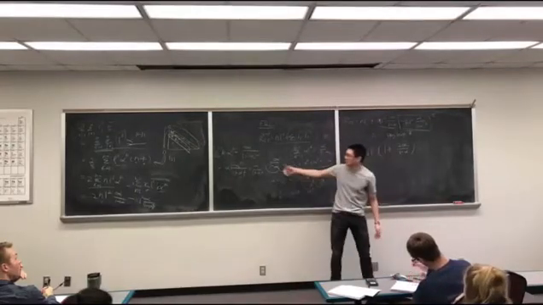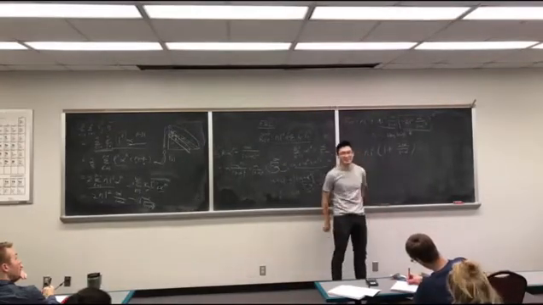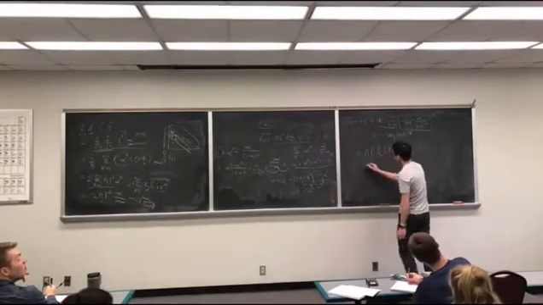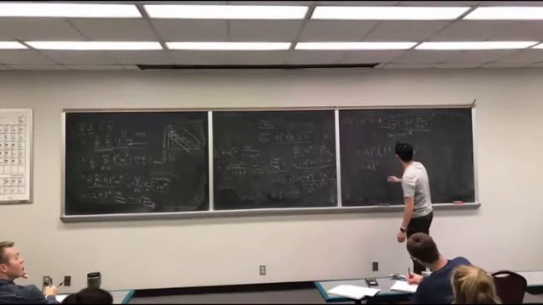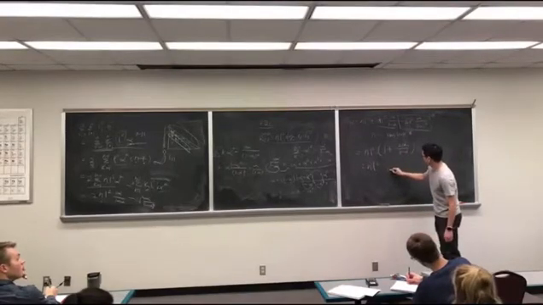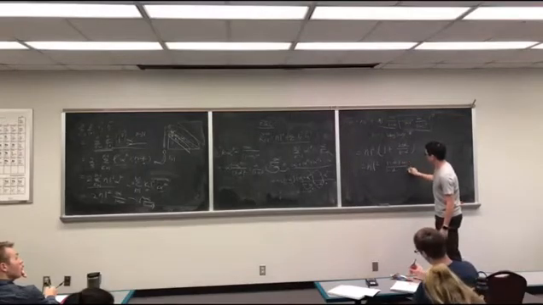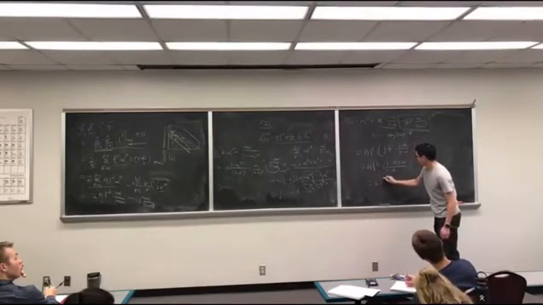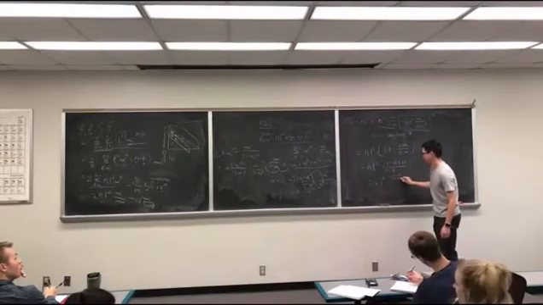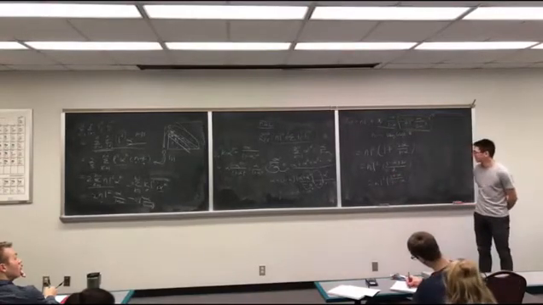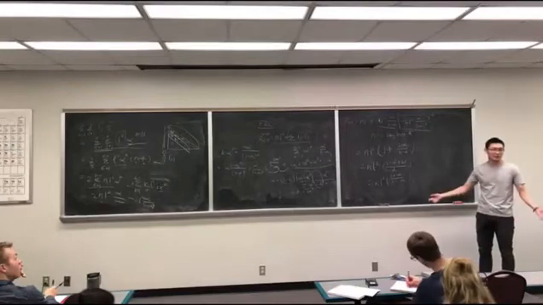I know I hate to see this long equation. This is better, isn't it? So let's combine these all together. NL squared. So this will be equal to 1 minus N.